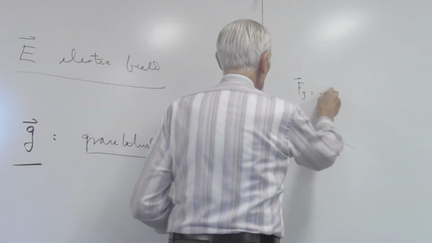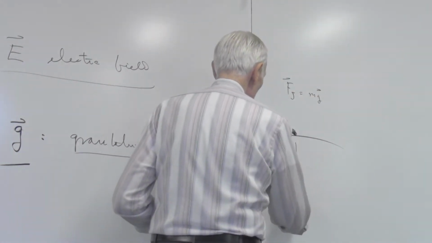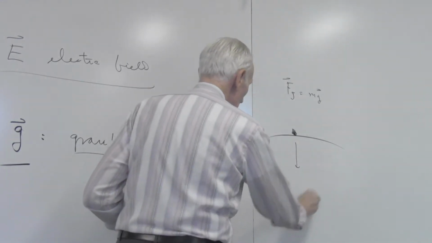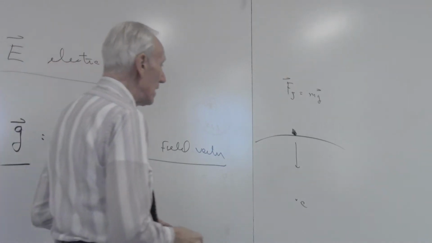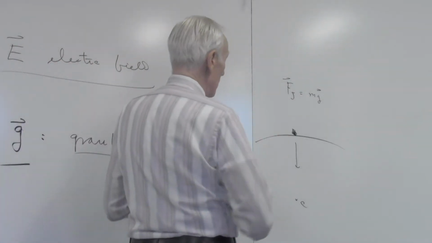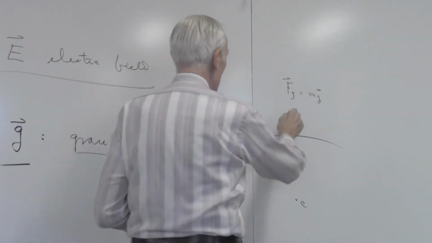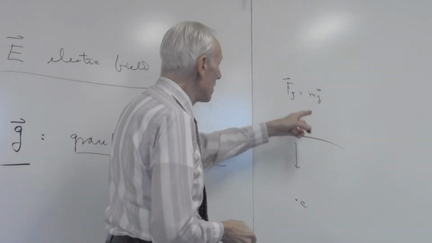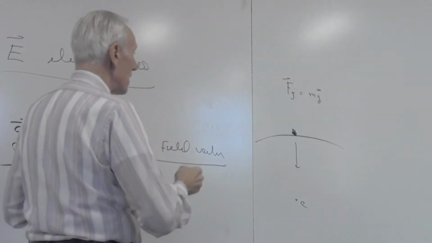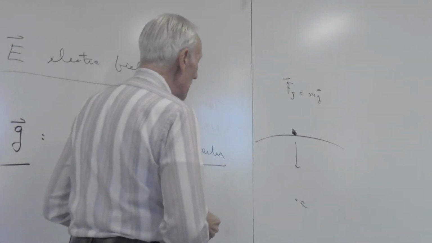And so this is a vector, and g points down towards the center of the Earth. So that's what we talked about last semester. We could draw force diagrams and do calculations, and this is the weight, and that's the mass, and we know all that stuff. That's the acceleration due to gravity, and so on.